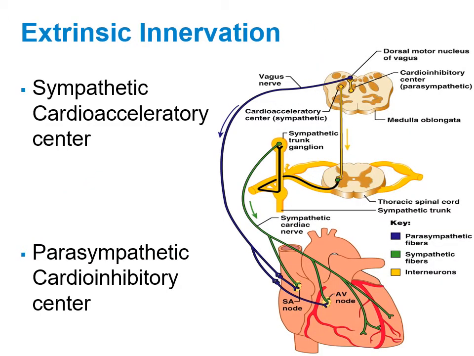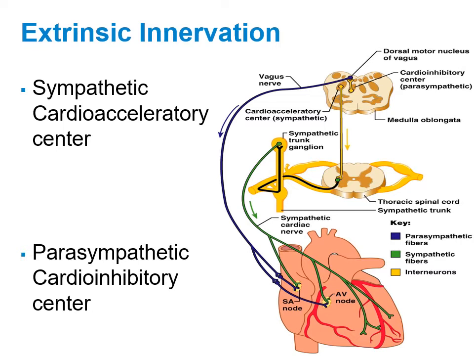The heart's function is to beat. In doing so, it creates pressure changes that move blood through the chambers and blood vessels. The beating is controlled both extrinsically, outside the system, and intrinsically, inside the system.